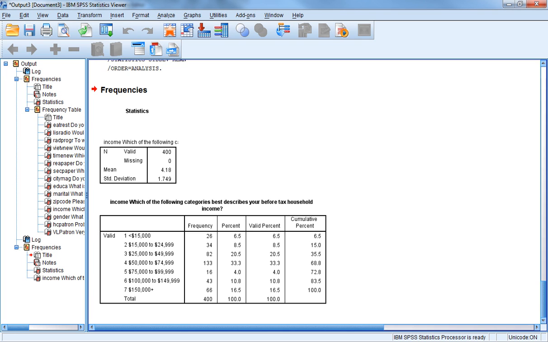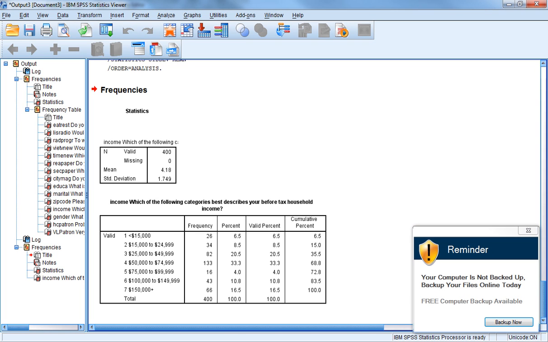Okay, so now you see that 27.3%. You use that 27.3% along with the 95% confidence interval.